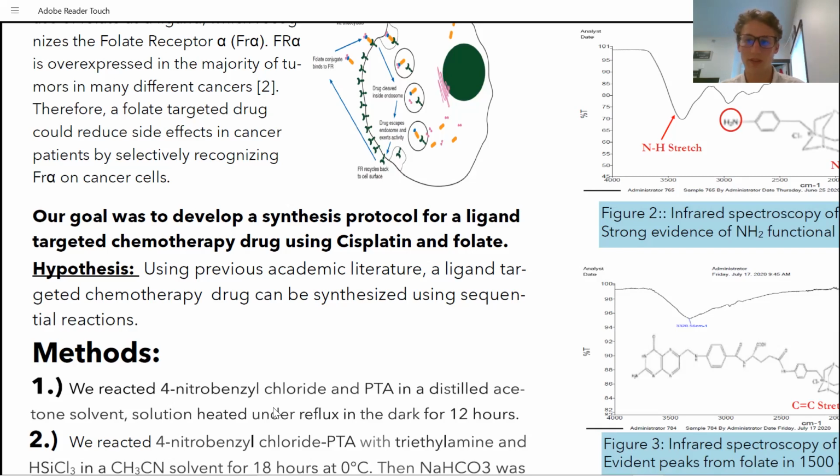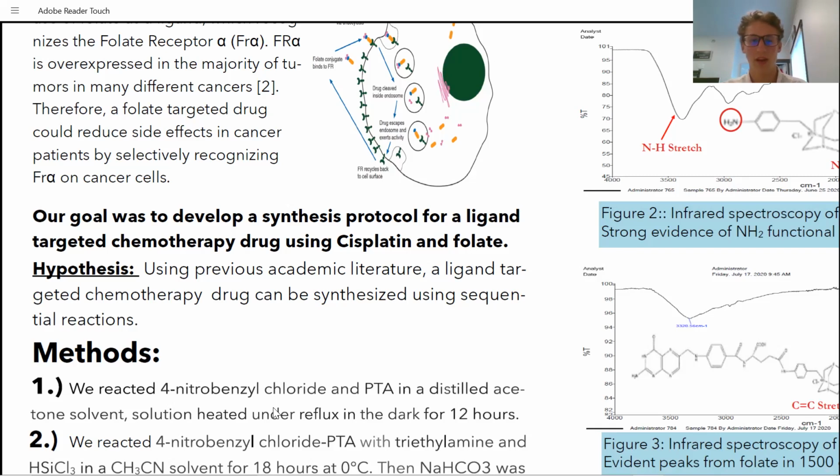It could be used to image, by attaching, instead of cisplatin, a radioactive or fluorescing label to show where the overexpressed folate receptor alpha is, which shows where the cancer cells are. And the other student, who's making the ester linkage, could deliver the drug, as the ester could be broken apart upon entrance into the cell and deliver that chemotherapy drug selectively to the cancer cells. So it's a two-pronged approach, and I'm personally working on the first one I described, the amide linkage.